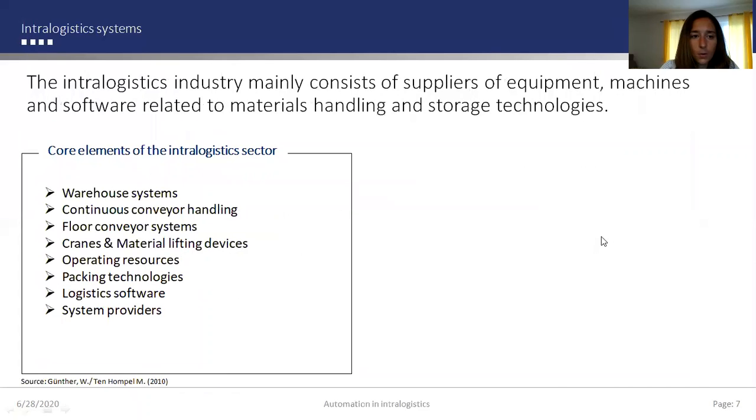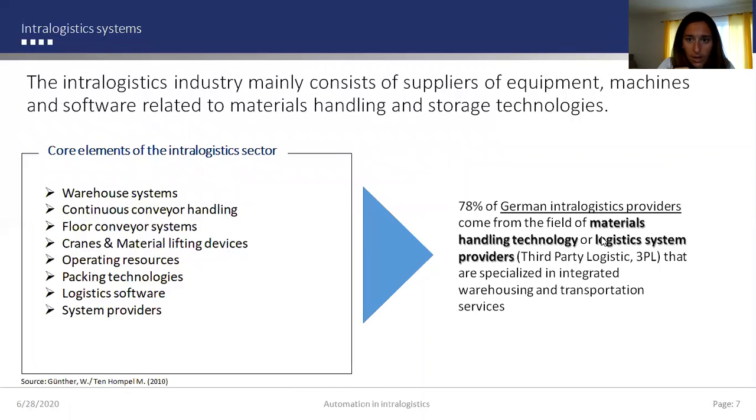And if you ask yourself what the main players in the intralogistics sector are, most of them are concerned with warehouse systems, material flow, whether it's on the floor or up in the air, so cranes and material lifting, packing technologies, and logistics software.